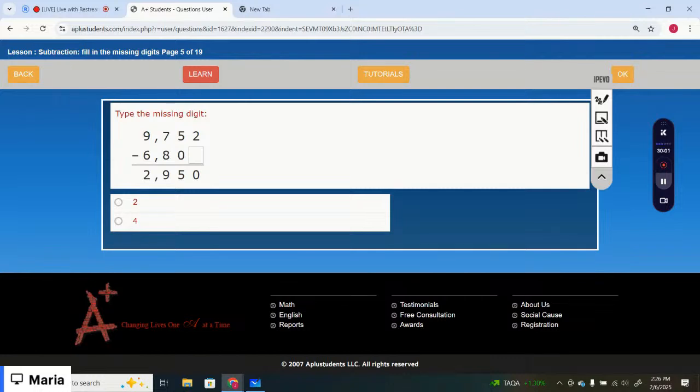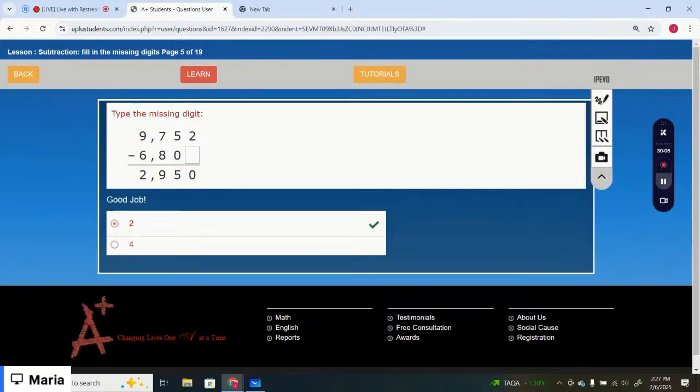That is 2 take away 2 is 0. The missing number is 2. Very good.